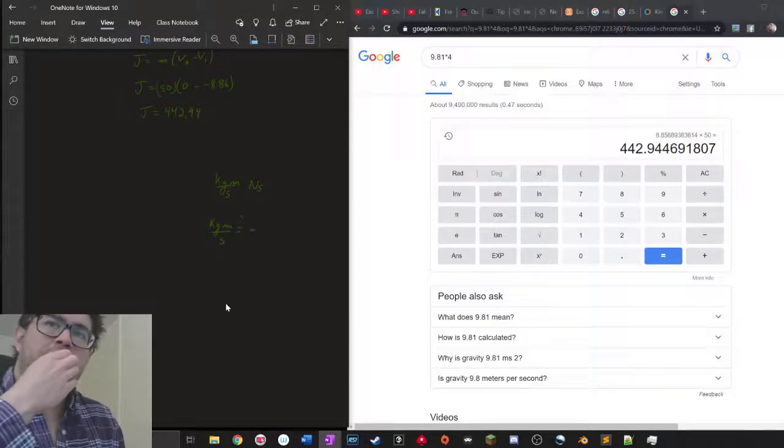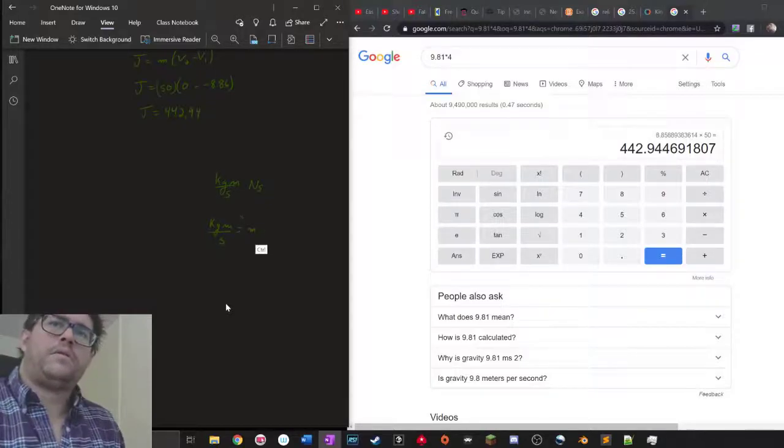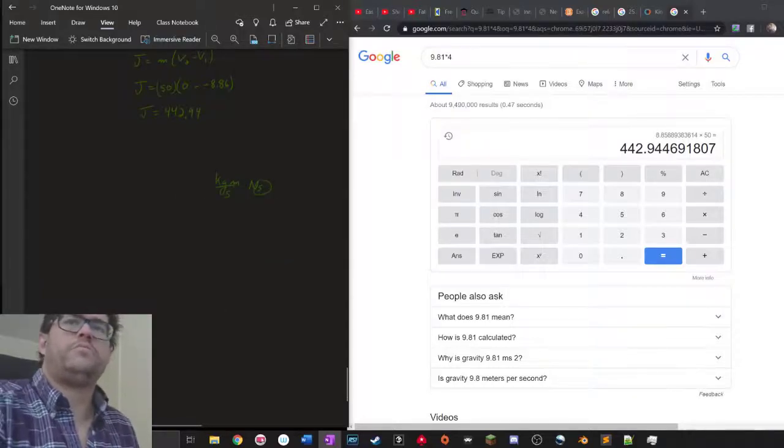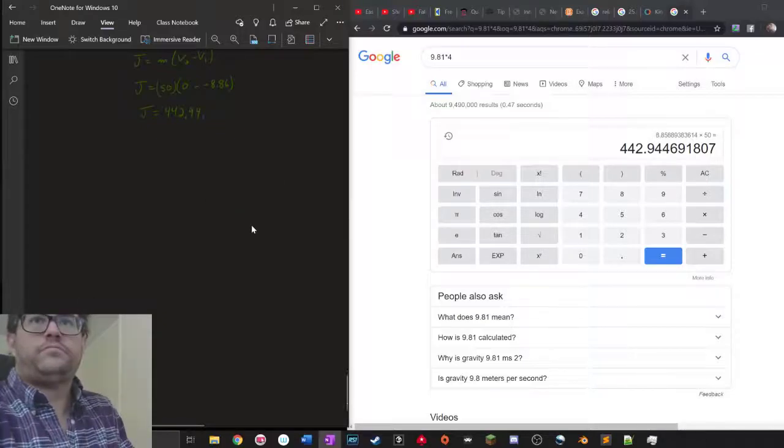What's a Newton? It's a mass times an acceleration. A mass is in kilograms, an acceleration is meters per second squared, and then it's multiplied by a second. This is Newton times second. You times the seconds, you get kilogram meter per second. The same here. Nice. Yeah, the units are good. Could have checked earlier. So let's just write Newton second.